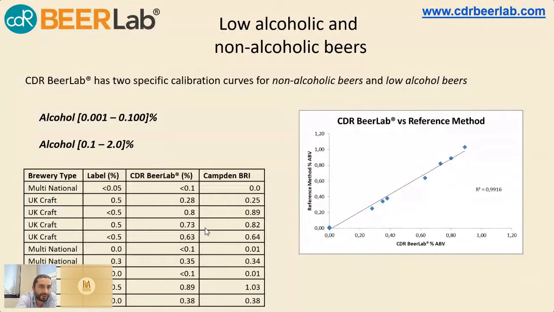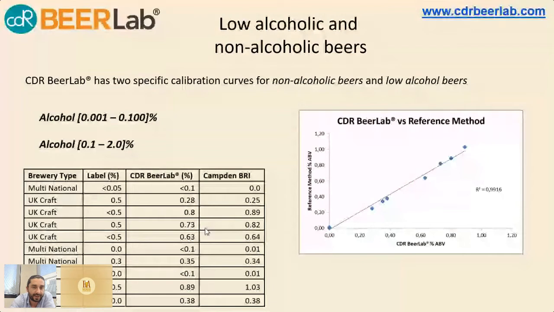As you see, we have two measuring ranges. The lowest one is between 0.001 and 0.1, so you can detect even a little residual of alcohol in your beer. Or we have another, a little bit higher range, between 0.1 and 2. As you can see here, you have the labels.